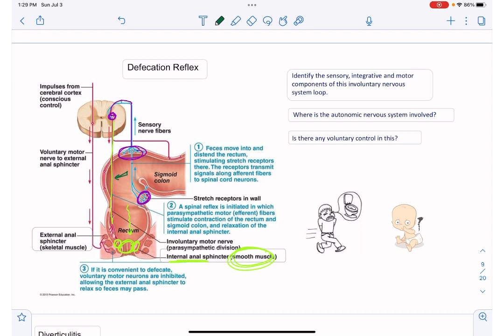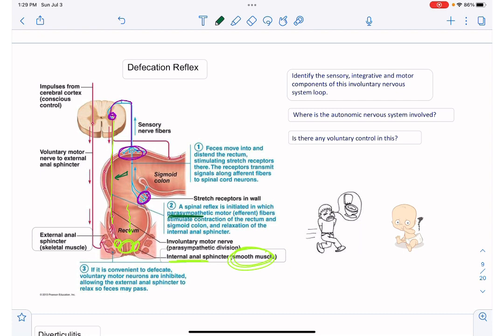Is this a sympathetic motor neuron or a parasympathetic motor neuron? And the answer to that is parasympathetic. The parasympathetic nervous system is involved in periods of relaxation, resting, digesting. And so it's going to be the parasympathetic motor neurons that go down and relax this internal anal sphincter.